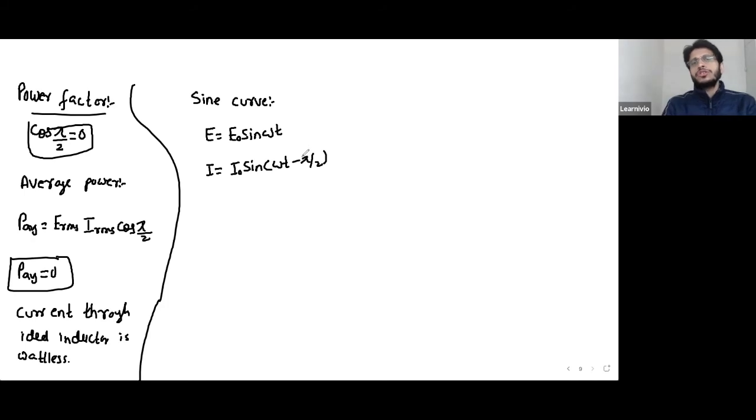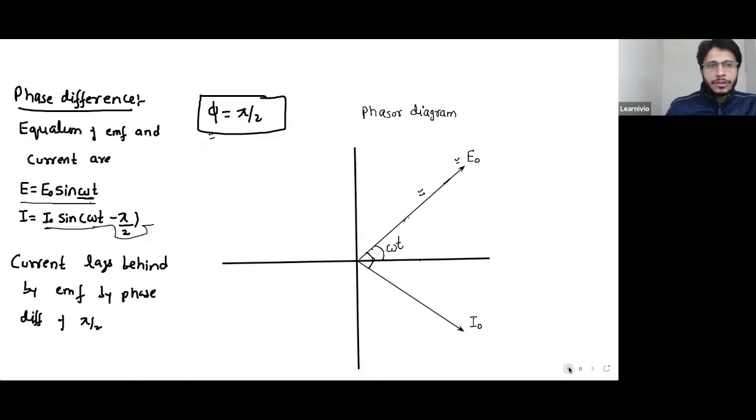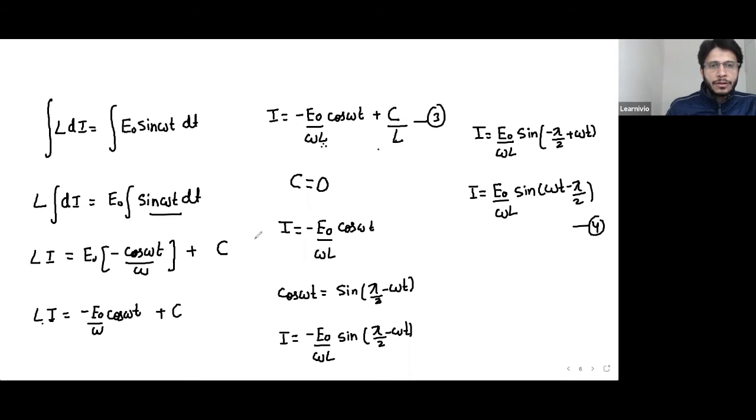So to draw the curve, it's better to convert this sine into cos. Basically, I'm doing the back calculation. If you remember, we converted minus of cos omega t into sine omega t minus pi by 2. So I'm returning back to minus of cos omega t.